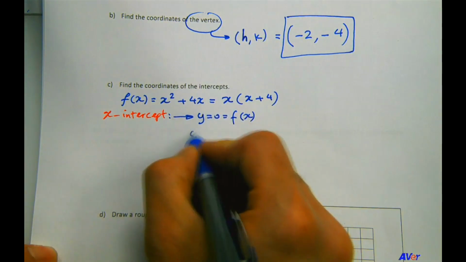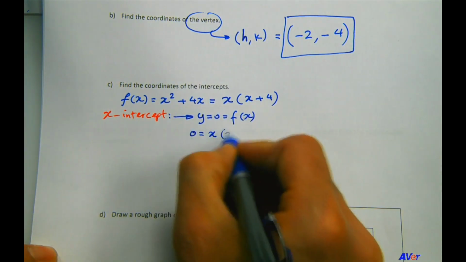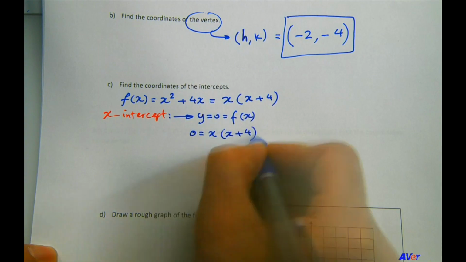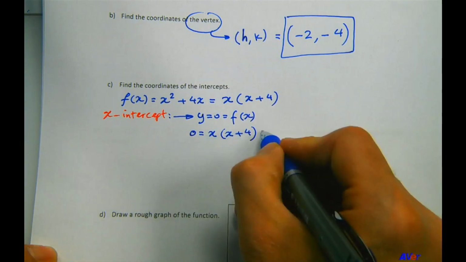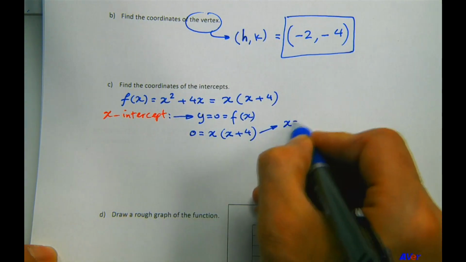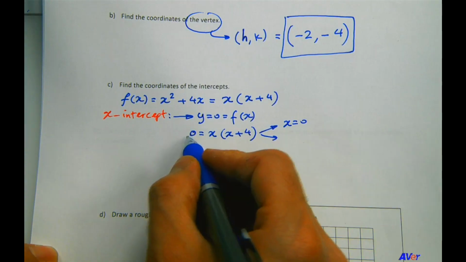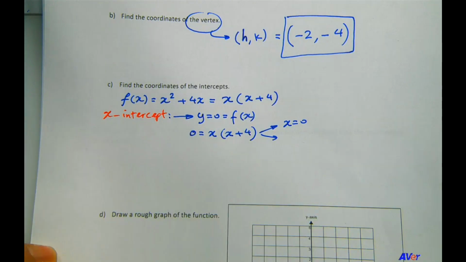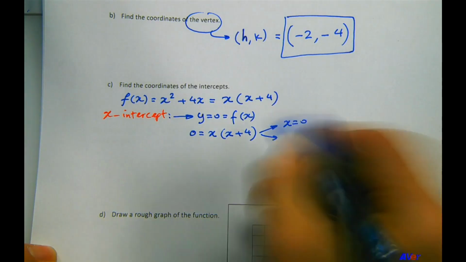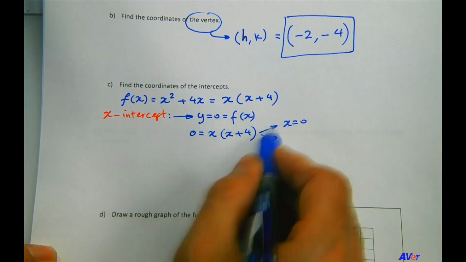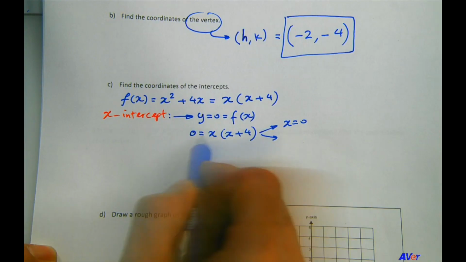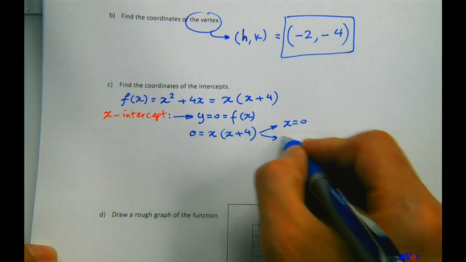So 0 equals the factored form, x times x plus 4. Now, because of this, we have x equals 0. If this product is equal to 0 by the zero product property, which we saw in chapter 1, then we can set each factor equal to 0 and solve for x.